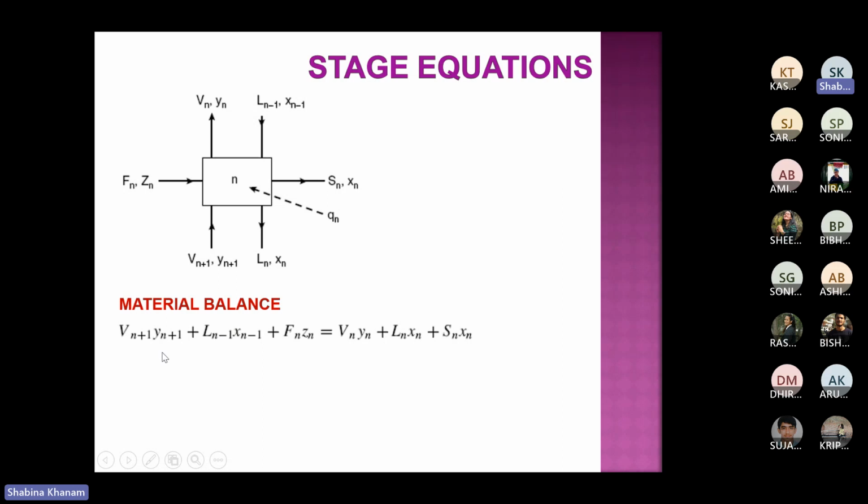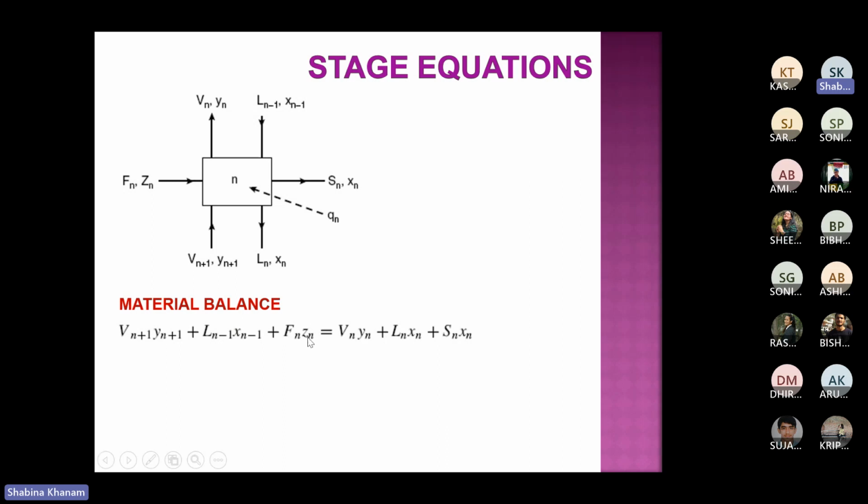Basically we are making the balance based on component. So yn plus 1 into Vn plus 1, similarly Ln minus 1, xn minus 1. Y and x, I don't need to describe; you already know that y is the fraction in the vapor phase and x is the fraction in the liquid phase.